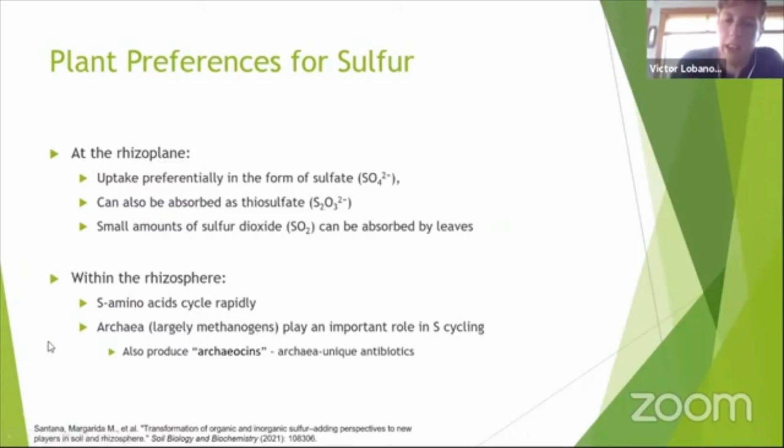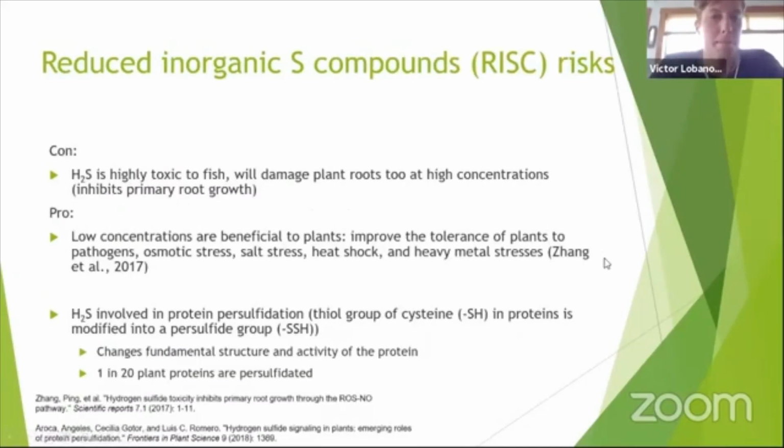And we know that archaea, interestingly enough, play a big role here. They're not bacteria, but archaea are always these very strange organisms that look a lot like bacteria but have very funky metabolisms. And so they're doing something with sulfur. Reduced inorganic sulfur compounds would be things like H2S, which people may or may not know is highly toxic to humans, but also to fish.